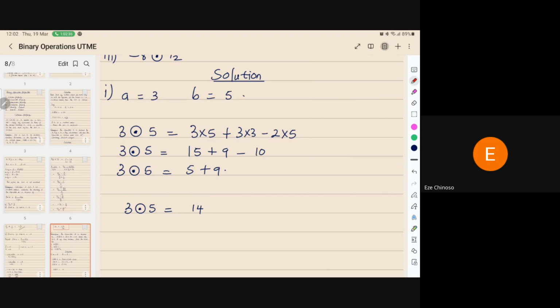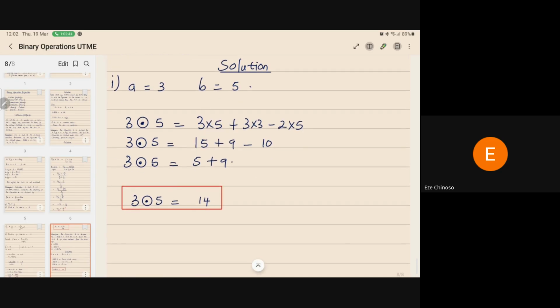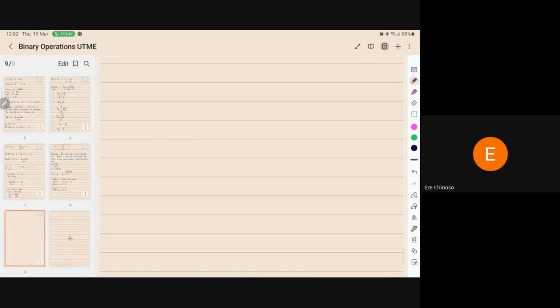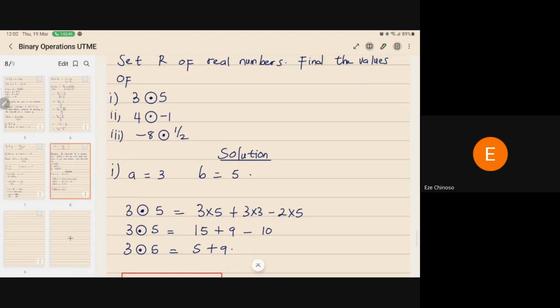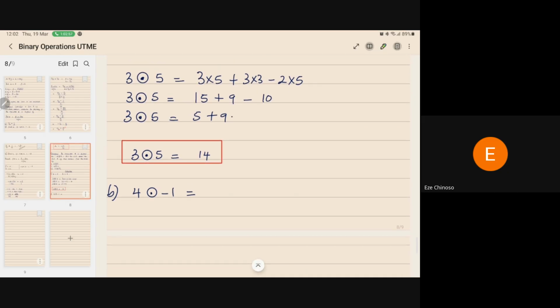So let's quickly proceed to II. Very fast one. For your II, they are giving us 4 and minus 1. So how do we tackle 4 and minus 1? We'll have 4, then asterisk, minus 1. That will be equal to, anywhere I see A, I'll have 4.